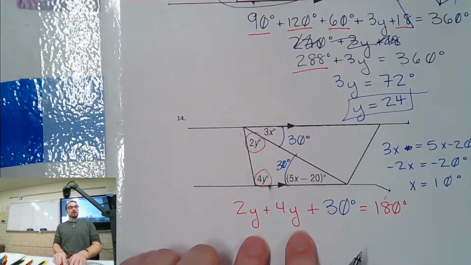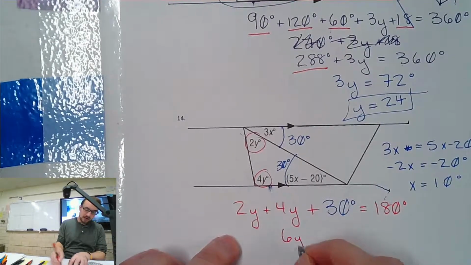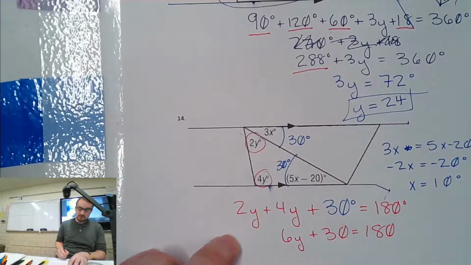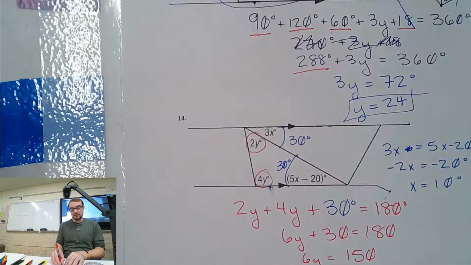Now, you might say, wait a minute, we got two variables, one equation. One kind of variable, because those guys are going to go together, right? Let's get our y's together. We get 6y plus 30 equals 180. Subtract 30, 150. Divide by 6.